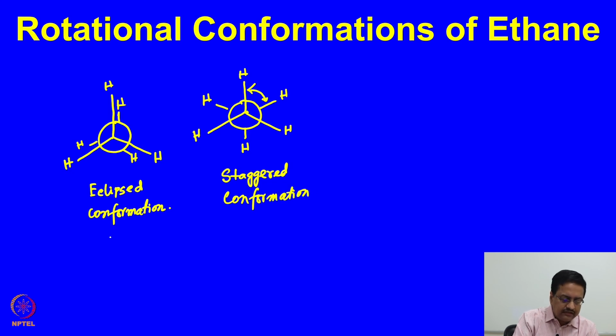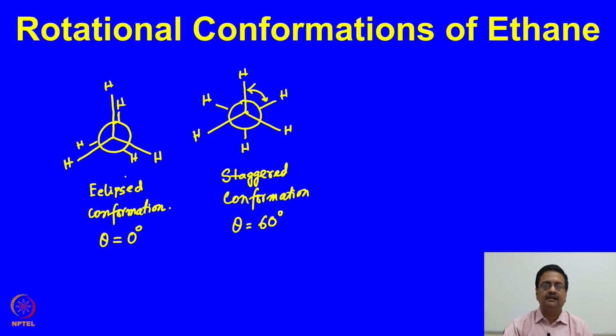Here the dihedral angle, that is theta, between the hydrogen-carbon-carbon-hydrogen group is 0 degrees, and here the dihedral angle is 60 degrees. So, the two different Newman projections of eclipsed and staggered conformation are shown here.